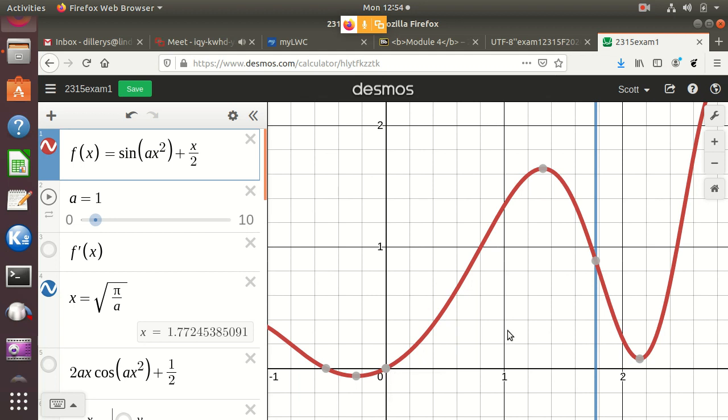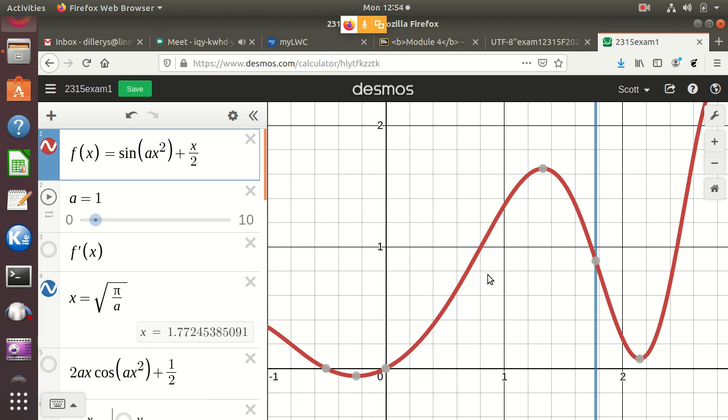I can get that. But this maximum here is at 1.327 and has a height of 1.6455. Where the heck did that come from? If you play around with it a little bit, there's really no good answer.